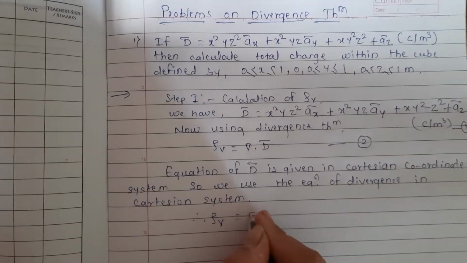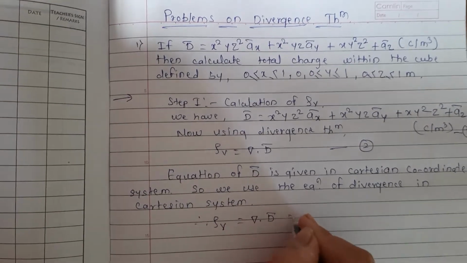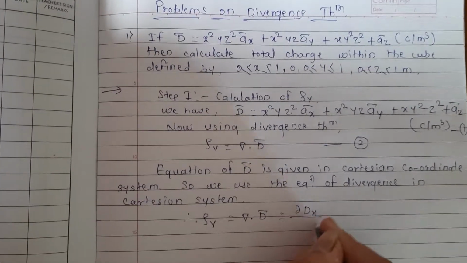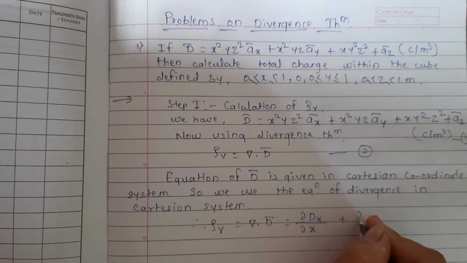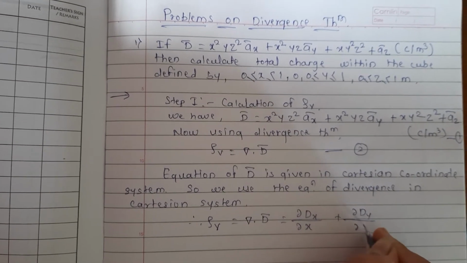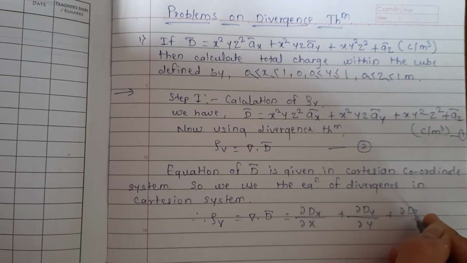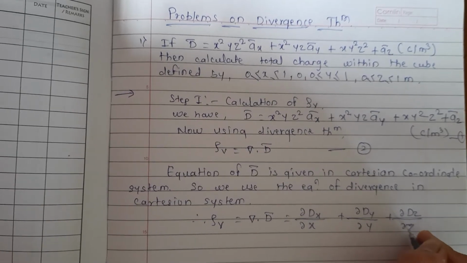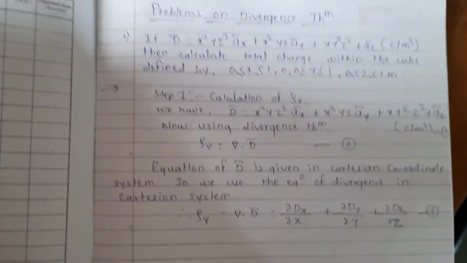Therefore rho v is equal to del dot D bar, that is del Dx by dx plus del Dy by dy plus del Dz by dz. This is equation 3.